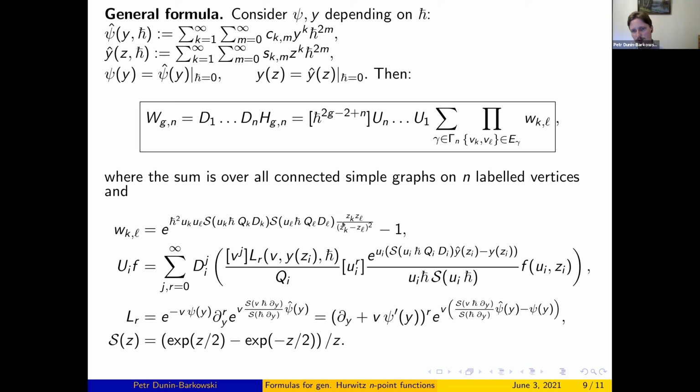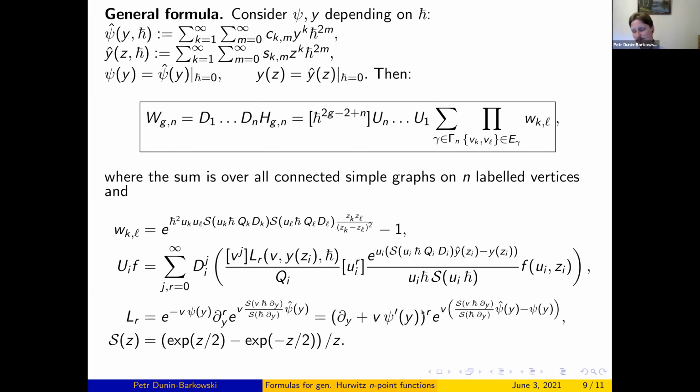You think of this as its expansion: if k is less than l, then you consider zk to be less than zl and expand this in a series, and everything then becomes just a formal power series. So this is our general formula.